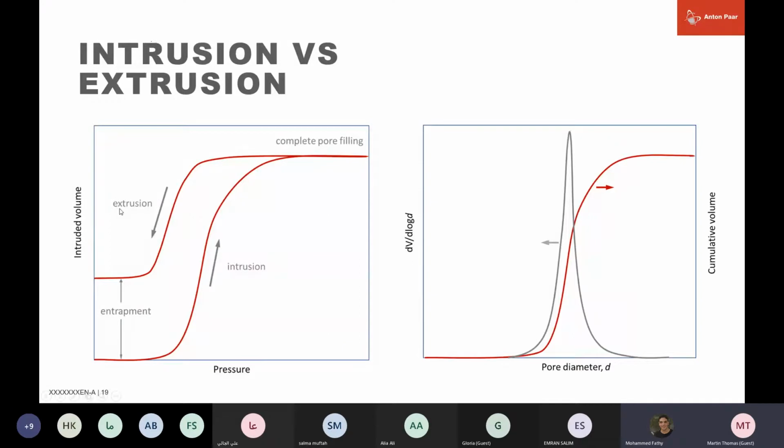And during extrusion, depressurization, we have what's called a receding contact angle. And they can be different by, let's say, 20 degrees. We do our pore throat measurements on the intrusion data, but this hysteresis is also reflective not only of a change in contact angle, but also some pore network behavior, the connectivity.